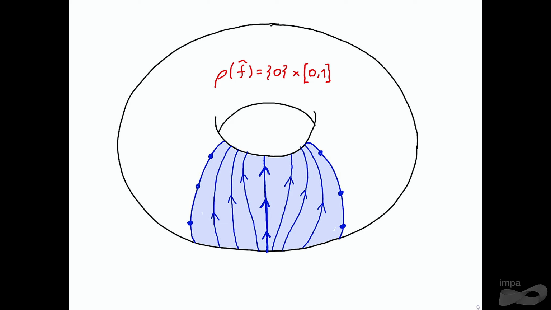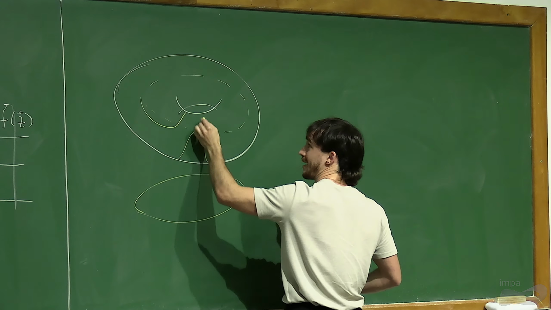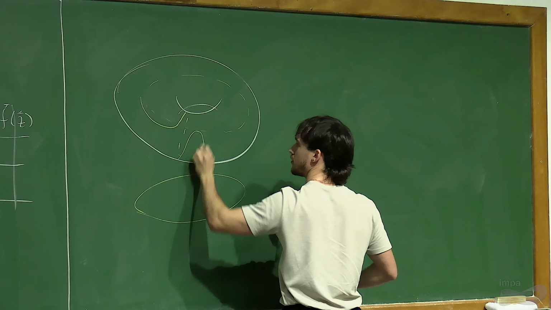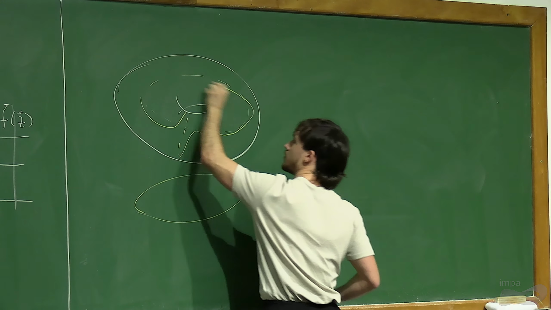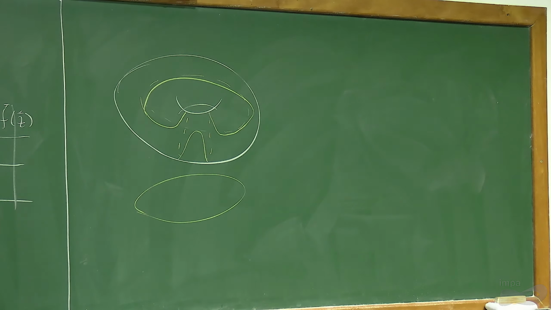If you have the image of the horizontal curve, this one, would be something like this. It comes here, then it goes up, and then it comes back. So the isotopic classes are preserved. The homotopic classes are preserved, okay? But I have some kind of, it's called point push.